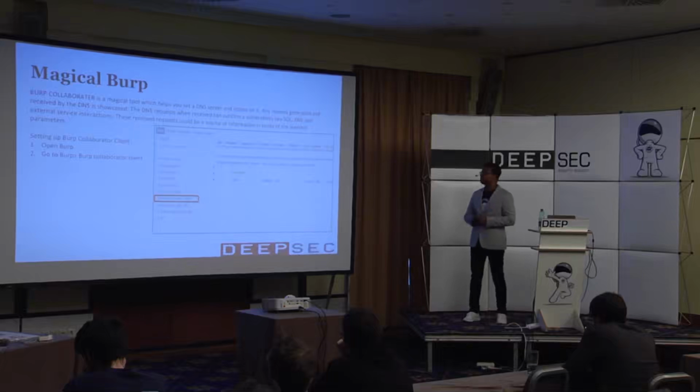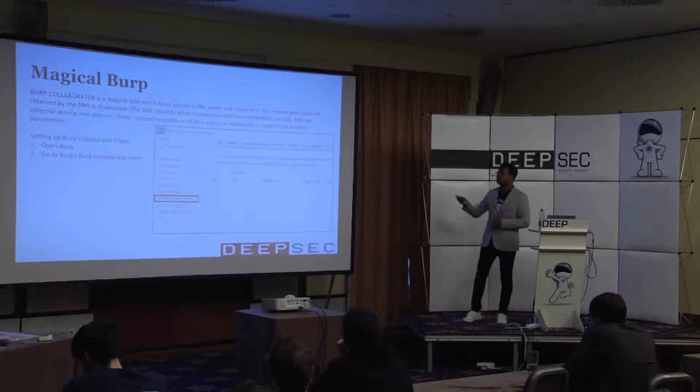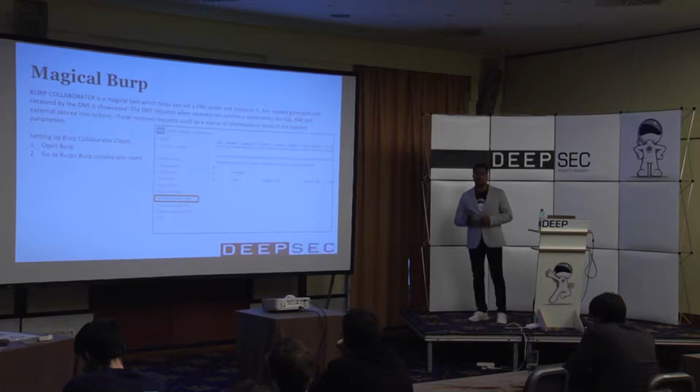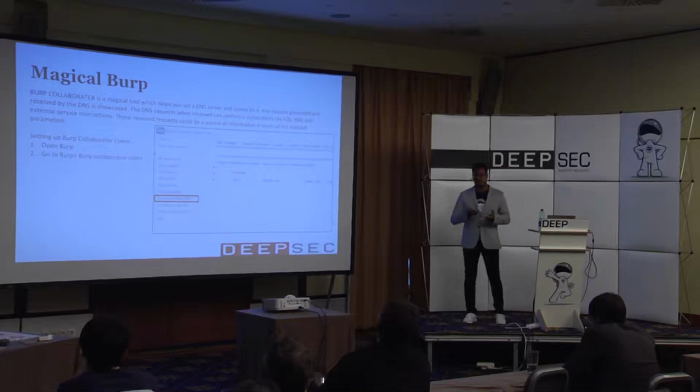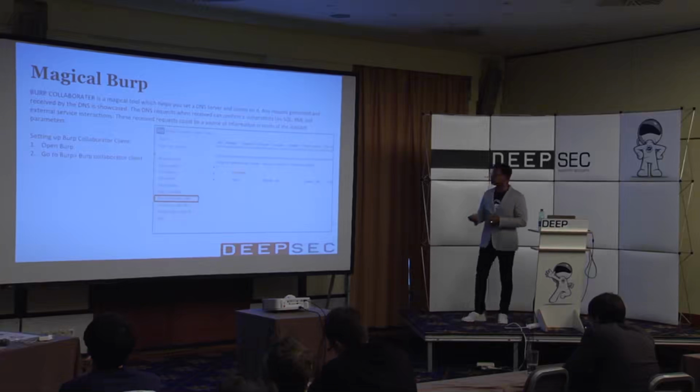So using it was when I learned about the Burp Collaborator client, and using this you don't need a tool like iodine or something. You can just use this to retrieve data from one end to another.